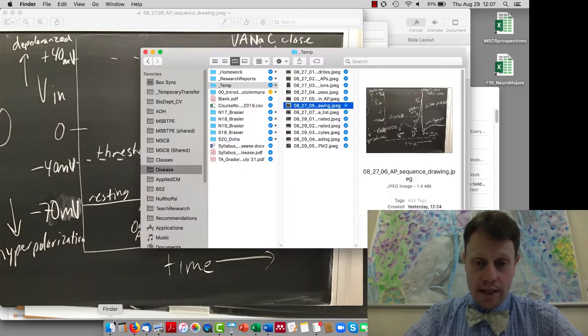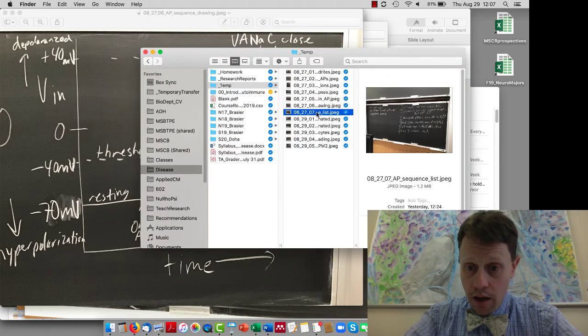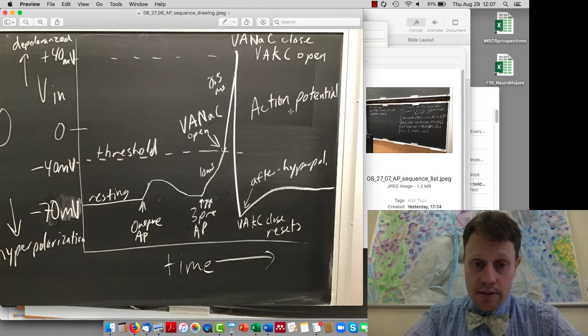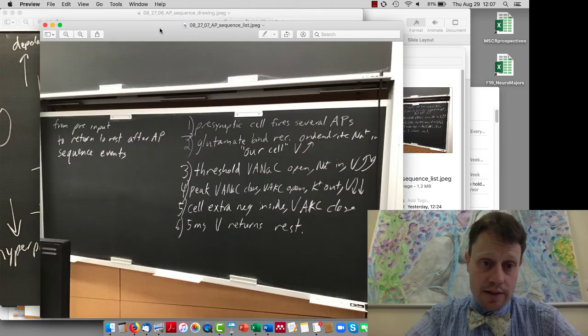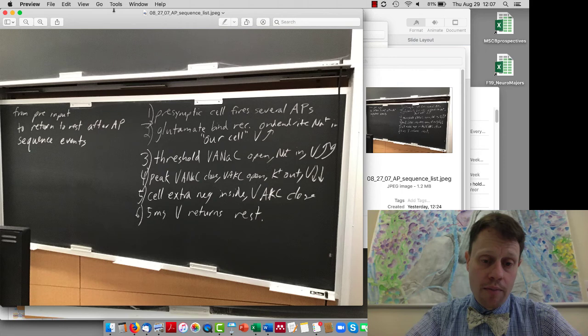And then we also discussed the sequence of events in the action potential, and the inputs going on and so on. The action potential itself is steps 3 through 5, from the moment it reaches threshold until the cell gets to its after hyperpolarization.